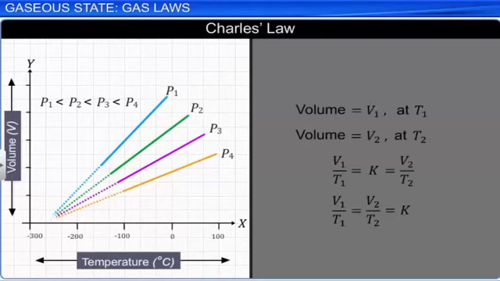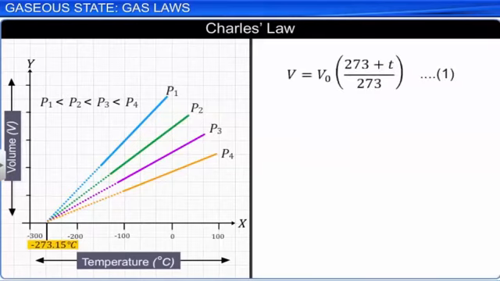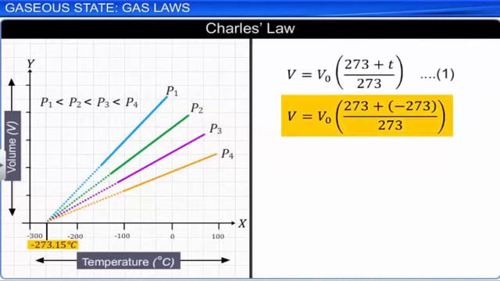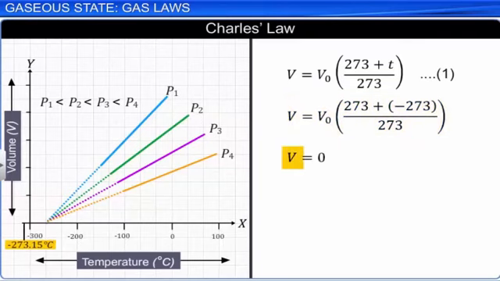From the graph, if we substitute the value of temperature as minus 273 degrees Celsius in equation 1, then volume becomes 0. Thus, we can conclude that the volume of a gas would be reduced to 0 at minus 273 degrees Celsius.